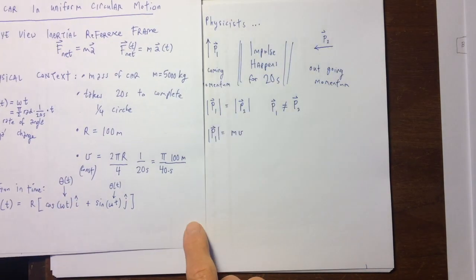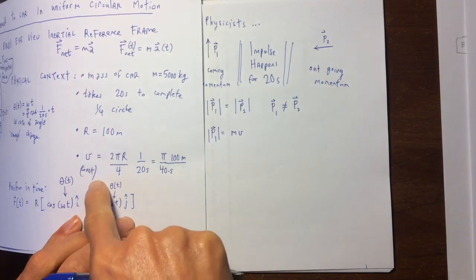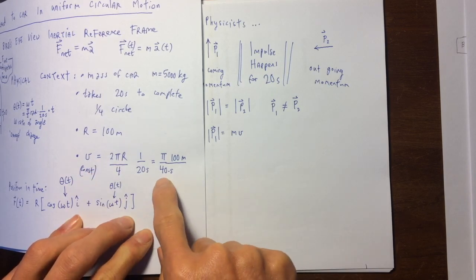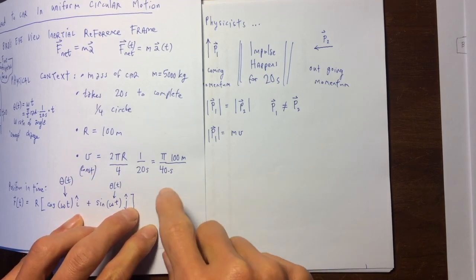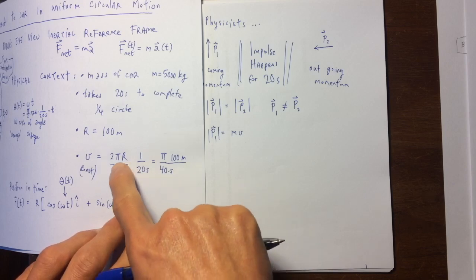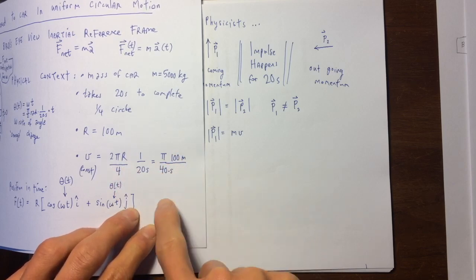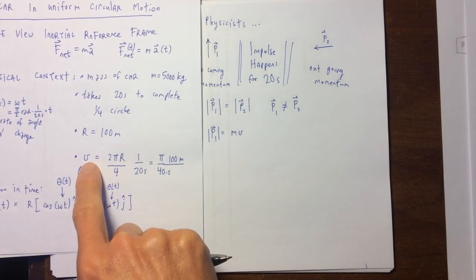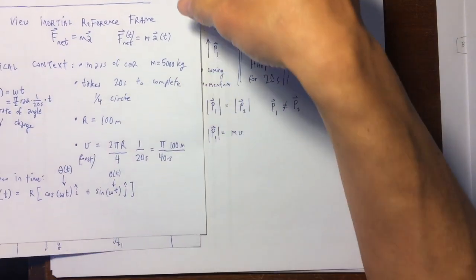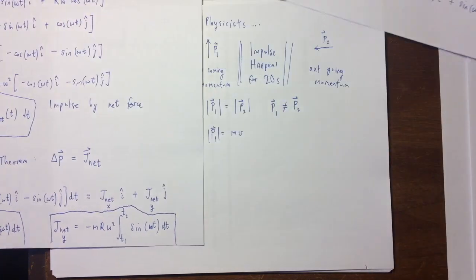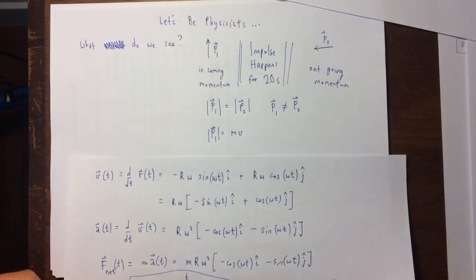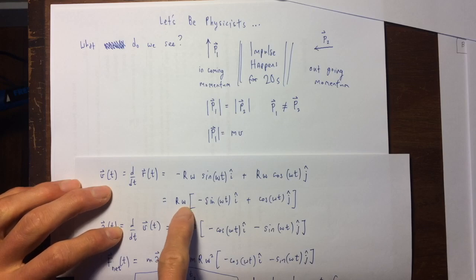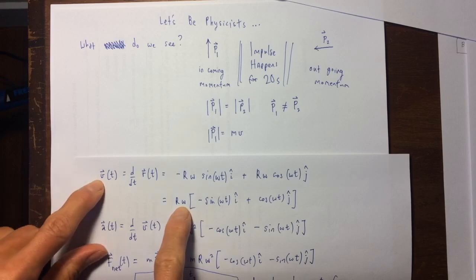And that uniform circular motion speed, we calculated over here, is this crazy stuff with the pi's and the meters, the size of r and things like that. But the other place that the uniform circular motion speed shows up is right here.